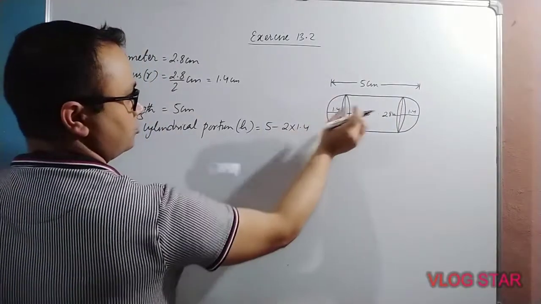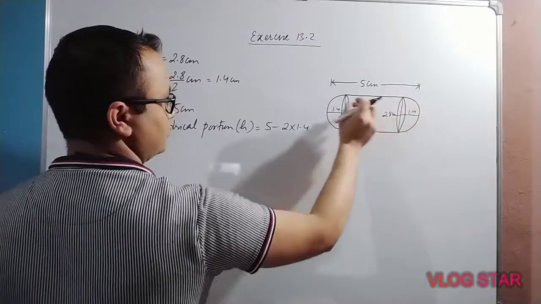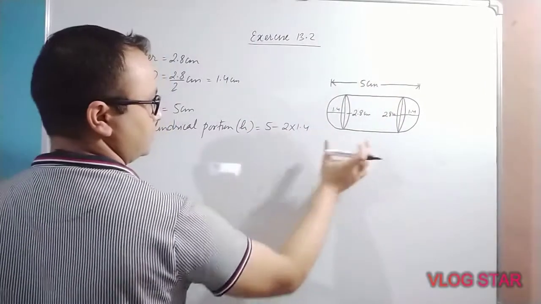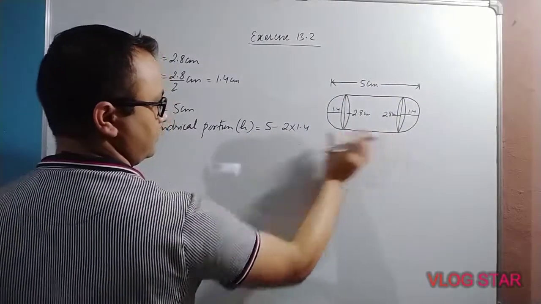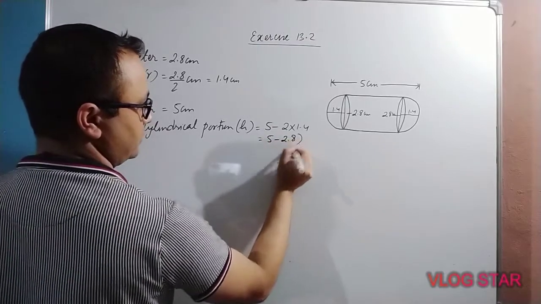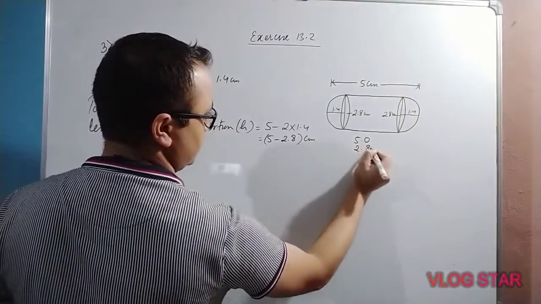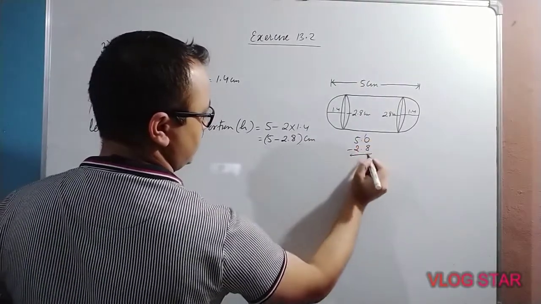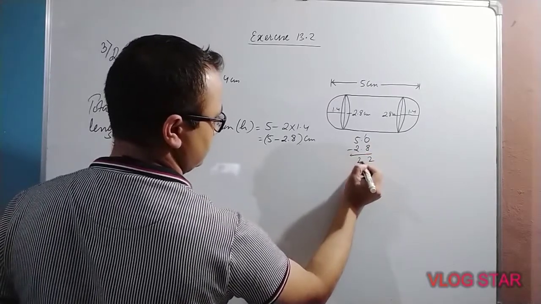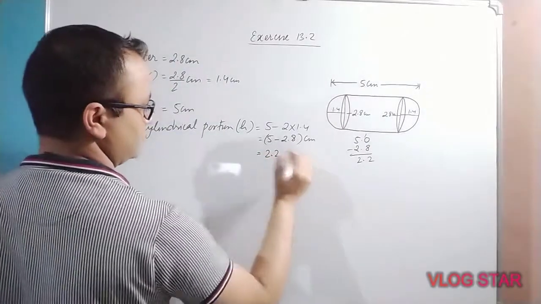So we have to subtract 2 into 1.4 from 5, and you will get this length. So this equals 5 minus 2.8 centimeter, which is 2.2. So this is 2.2 centimeter.